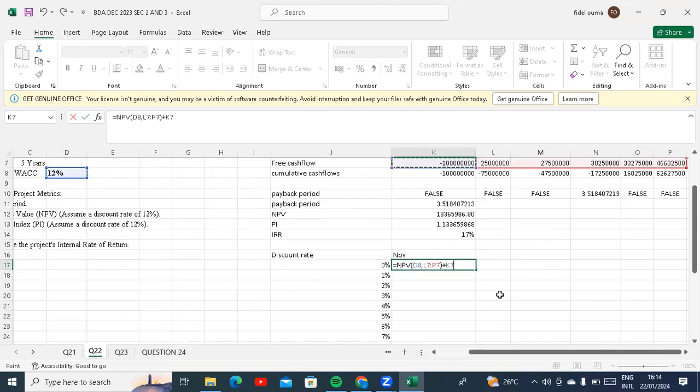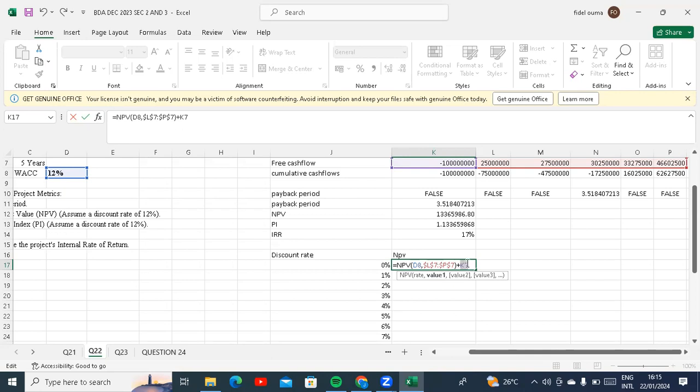And because I don't want to do it for 1%, 2% individually, I'll lock these cells. So for D8, the discount rate, I'll only lock the column, which is D, with the dollar sign. Then for this, I'll lock all of it because it's constant all through. So I'll lock it with F4.